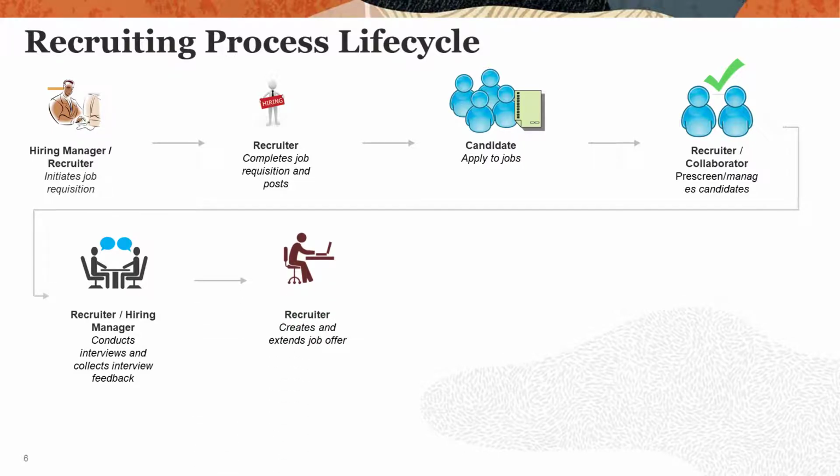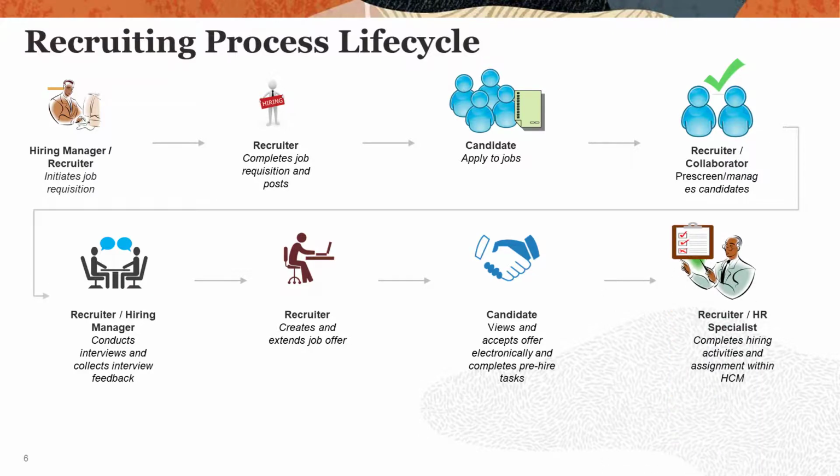The recruiter creates and extends job offers and finalizes the pre-hire task. The candidate views and accepts or rejects the offer and completes the pre-hire task if moving further. Upon acceptance, the recruiter closes the requisition and the hired candidate is handled by the HR specialist who completes the hiring activities and assignments for the new hire within HCM.